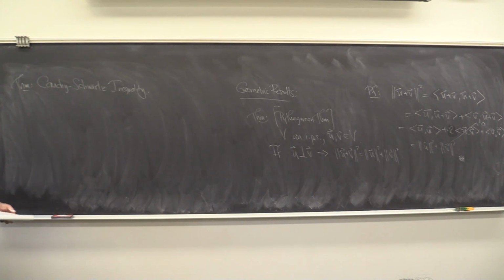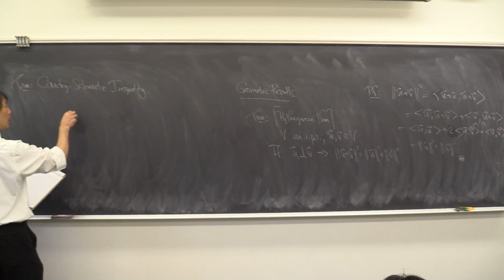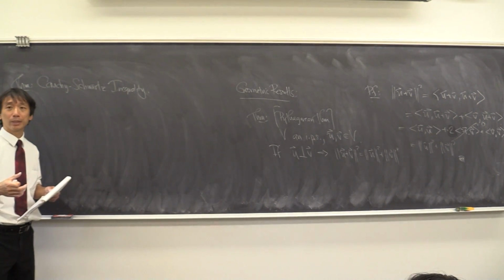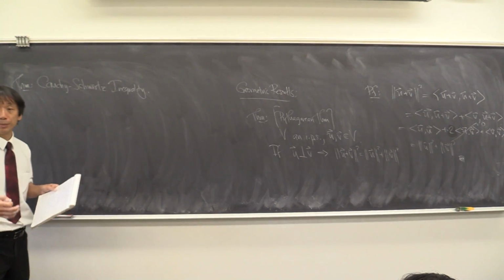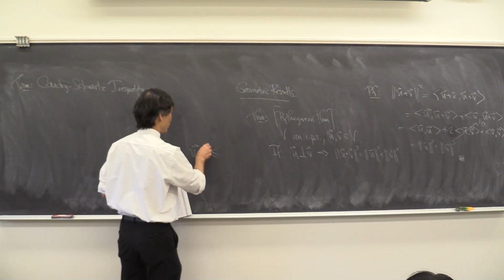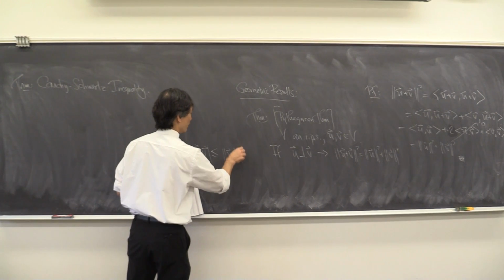in Calc 3. But what it says is that the size of the dot product is controlled by the product of the magnitudes. So u dot v is controlled in size by the product of the magnitudes.